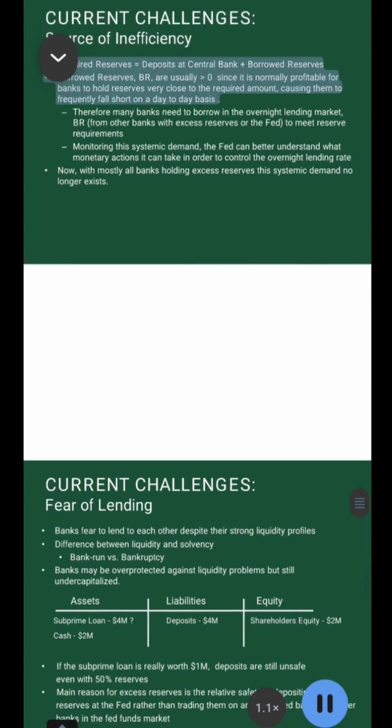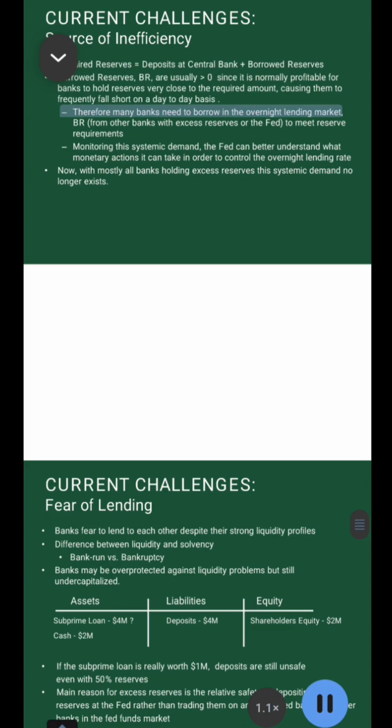Current challenges: source of inefficiency. Required reserves equal deposits at the central bank plus borrowed reserves. Borrowed reserves, BR, are usually greater than zero since it is normally profitable for banks to hold reserves very close to the required amount, causing them to frequently fall short on a day-to-day basis.